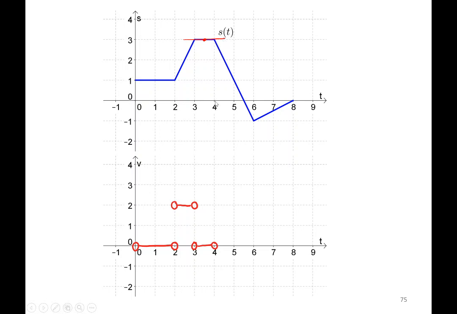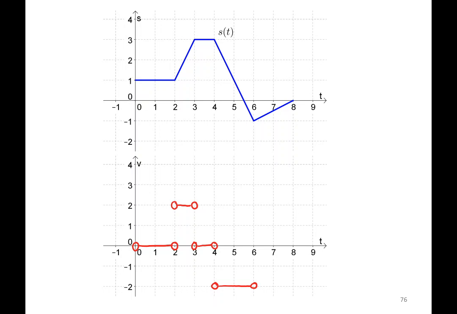What about from t equals 4 to t equals 6? If you said negative 2 meters per second, that's correct. If you look at the slope of that line, you have negative 4 in the position direction divided by 2 seconds in the time direction. So rise over run, that's negative 4 over 2, which is negative 2 for the velocity.